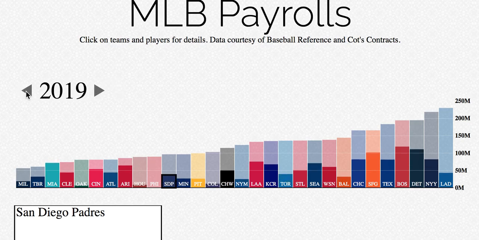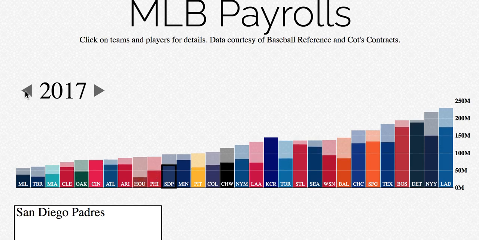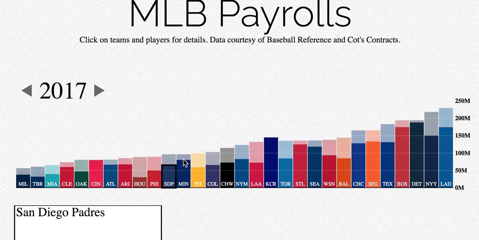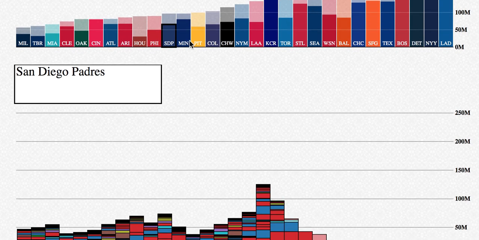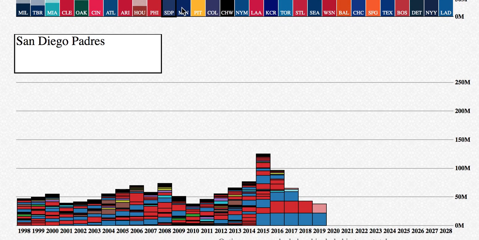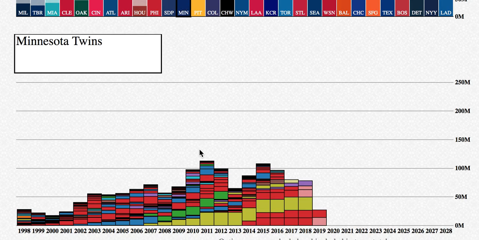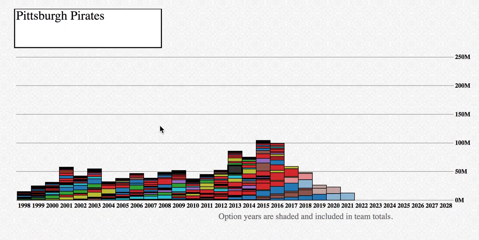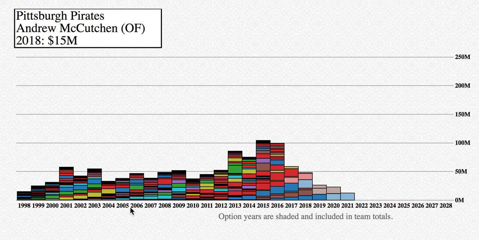Firstly, I can change the time over here. You can see when I change the time, the data is changing, the visualization is changing correspondingly. If I select a specific team here, you can see the breakdown is different as well. And I can also select the different names of the players and find out the salary he made.